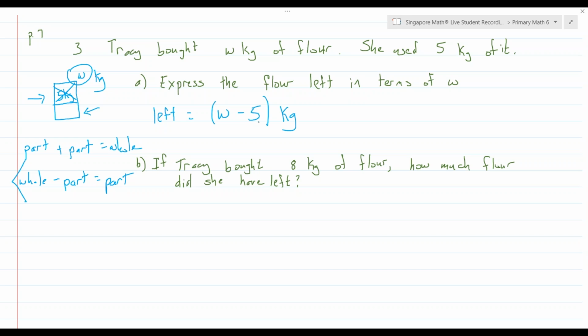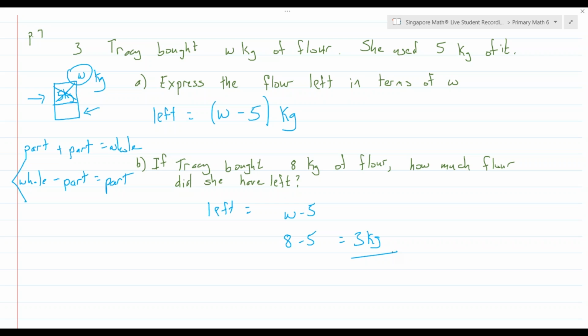And then we have Tracy bought 8 kilograms of flour. How much flour did she have left? Well, if what she has left is W minus 5, where W is how much she bought, 8 minus 5 is 3 kilograms. If she bought 8 kilograms, then what she has left is 3 kilograms.